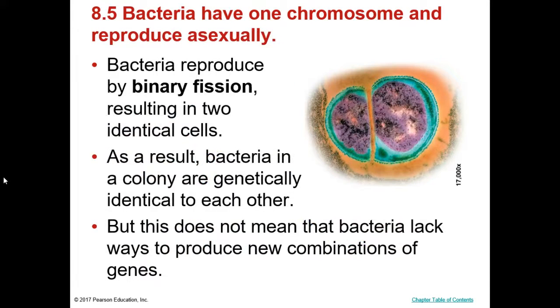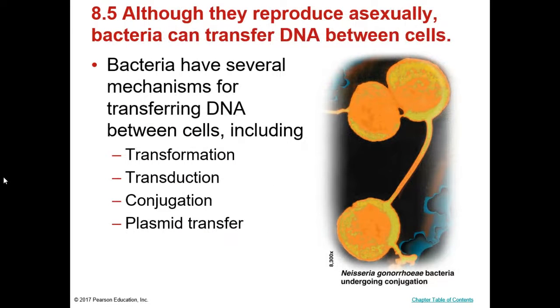Just kind of repeating, bacteria reproduce by binary fission, and they manage to achieve genetic variation not through sexual reproduction, because binary fission is actually asexual reproduction, but they still need to be genetically variable, right, in order to ensure survival on Earth, right?